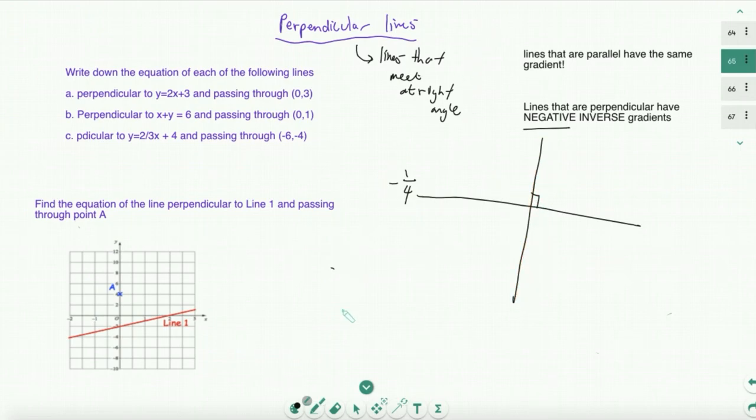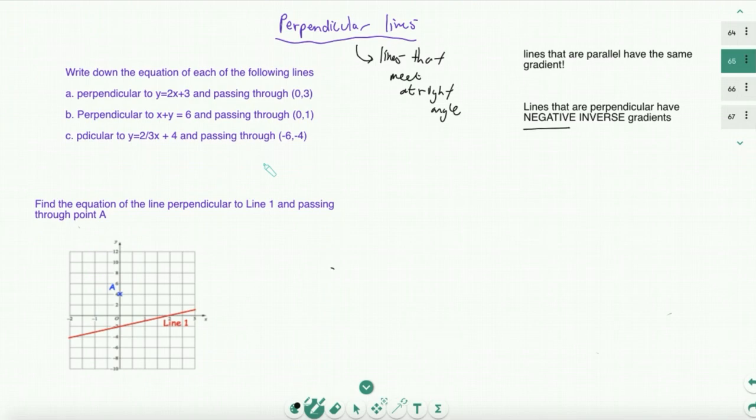So for sure it's going to be positive. And the opposite of 1 over 4 is going to be 4 over 1, which is just 4. So if one line has a gradient of negative 1/4, the perpendicular line will have a gradient of 4. So negative inverse.